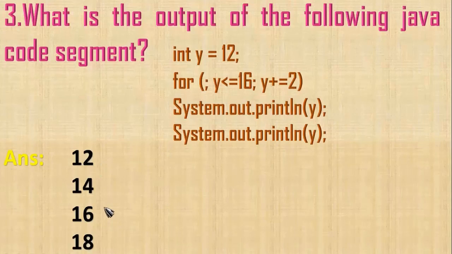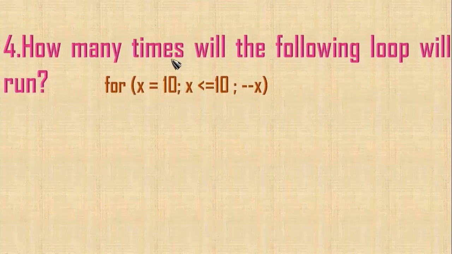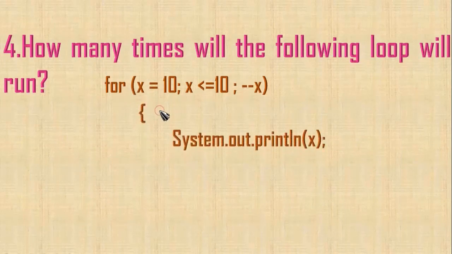The body of the loop gets executed 3 times only here. Next, how many times will the following loop run? So here x = 10, x is lesser than or equal to 10, x--. So it is having a statement to print it.